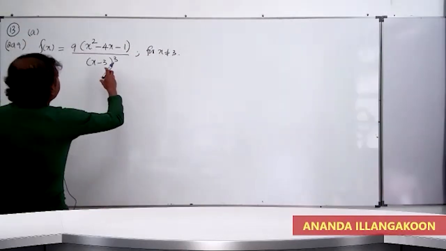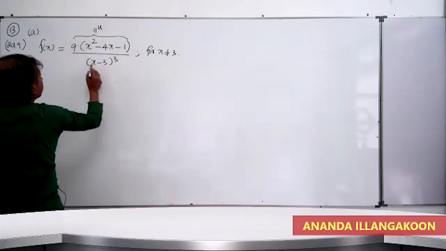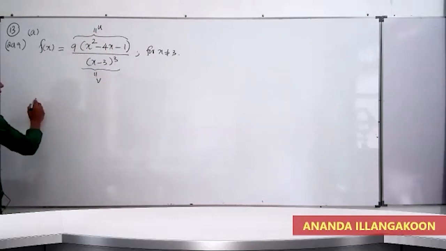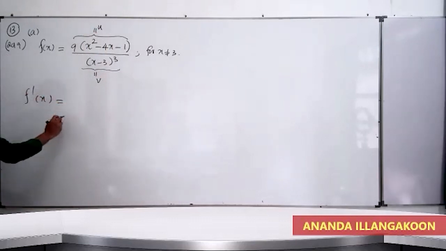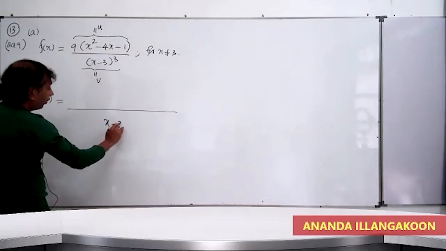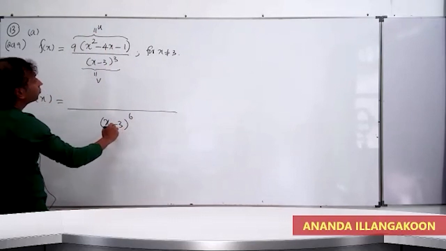Right. Now we have to take this as u. This as v. f dash x is coming. We have to apply u upon v here. (x minus 3), and this one we have to square, then we get power 6.